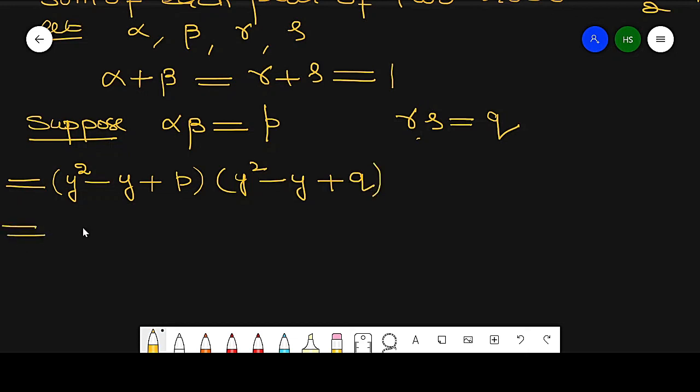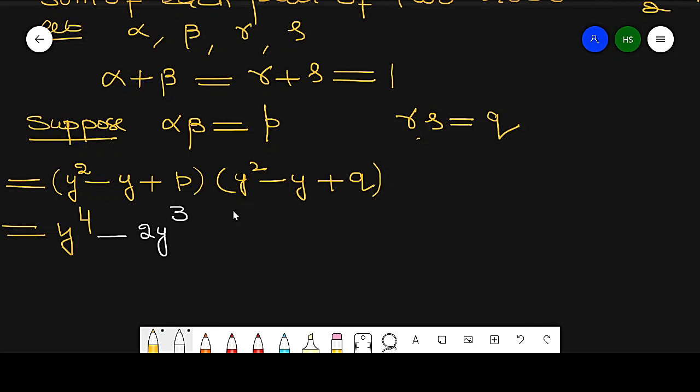Now simplify. The product of these is y raised to power 4, then the cubic term is minus y cube minus 2y cube.